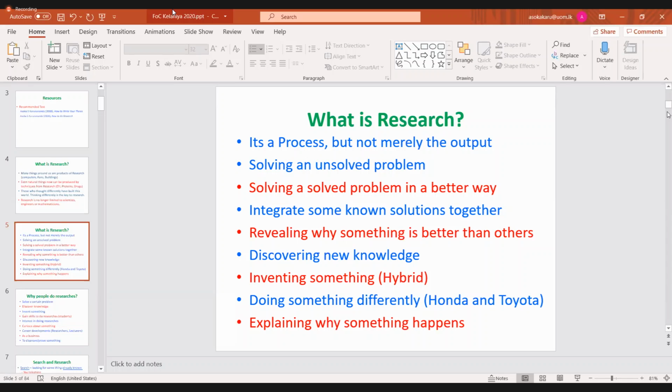Actually, many things in the world are processes. For example, when you prepare a cup of tea, it also has a research element, because first you have to boil the water. After that, you add tea bags. Then you filter it. Then you add milk. Like that, there are certain steps.